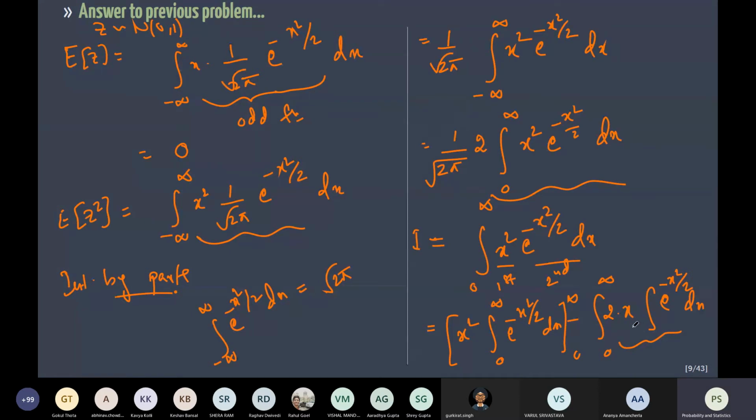So what is the result of integration overall? What we will be left with is 1 by 2 times 1 by square root of 2 pi, and then e to the minus x square by 2. I think this term will go away, isn't it?